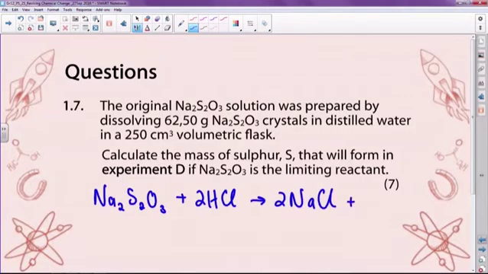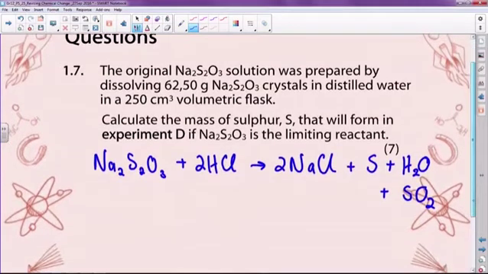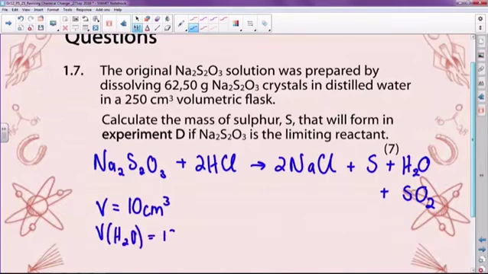And because we don't want to have to keep referring to the table, what I want to remind you is that in experiment D, what we did is we took a volume of the Na2S2O3 that we used was 10 centimeters cubed, and the volume of water that we added to it was 15 centimeters cubed, because that's quite important, okay? So all the information that you need from the table and from the equation is there, okay?